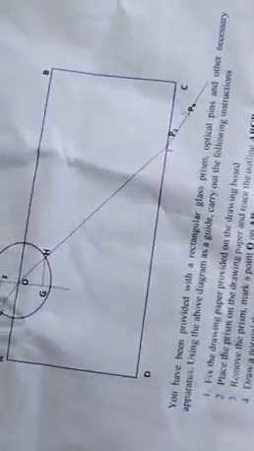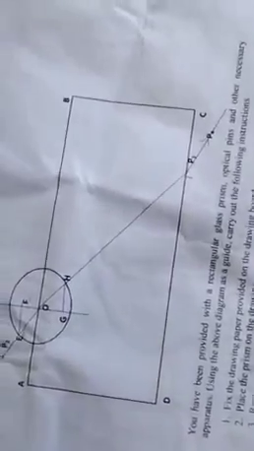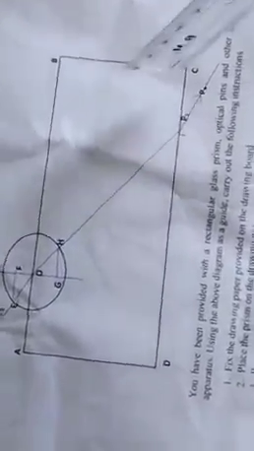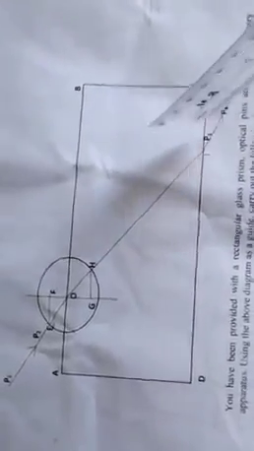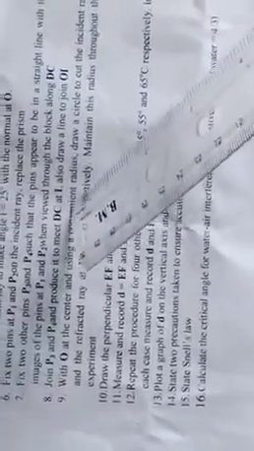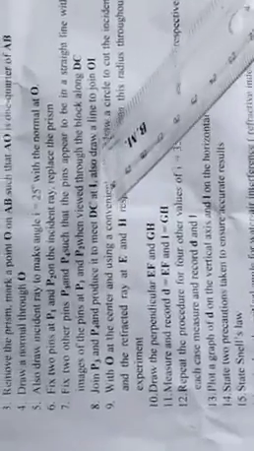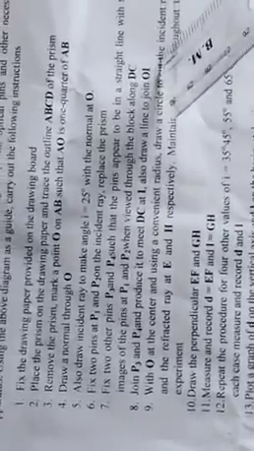And then after you place P3, which will block the images of P1 and P2, you also use the other pin and place P4. When you place the pin P4, you're going to block P3, and also the images of P1 and P2. Okay. We now join P3 and P4 and produce it to meet DC at I. Also draw a line OI.